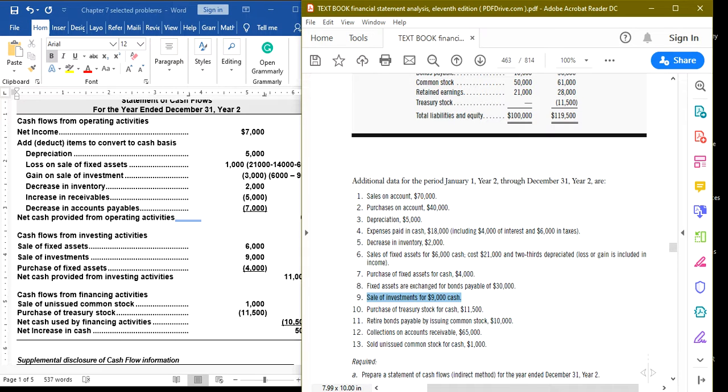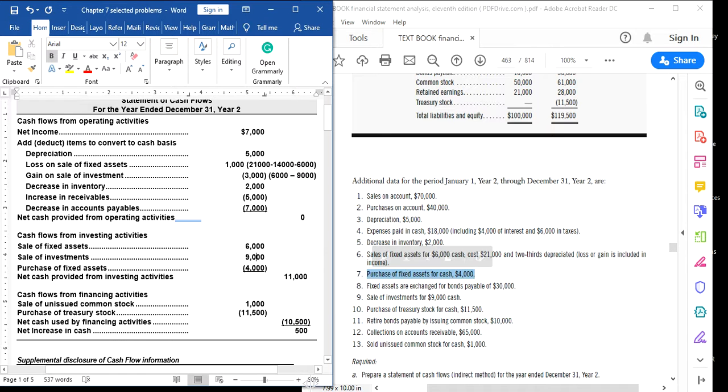Purchase of treasury stock, purchase on the account, purchase of fixed assets for cash. So you may ask why this is negative. Because the cash has been paid out, we paid for that.